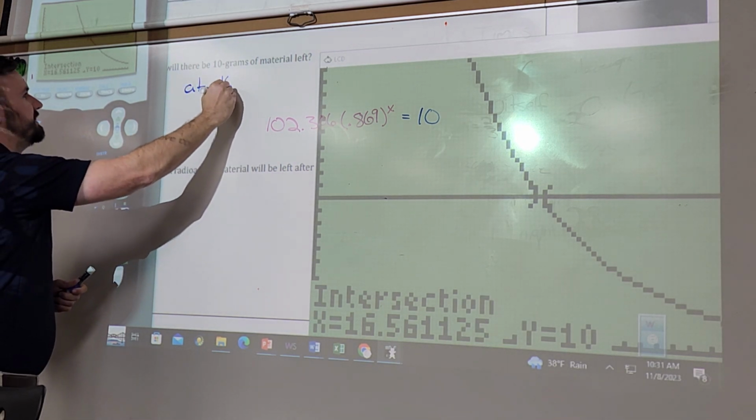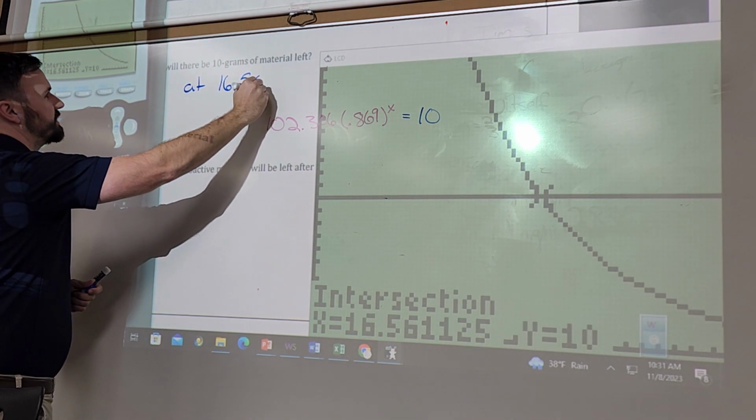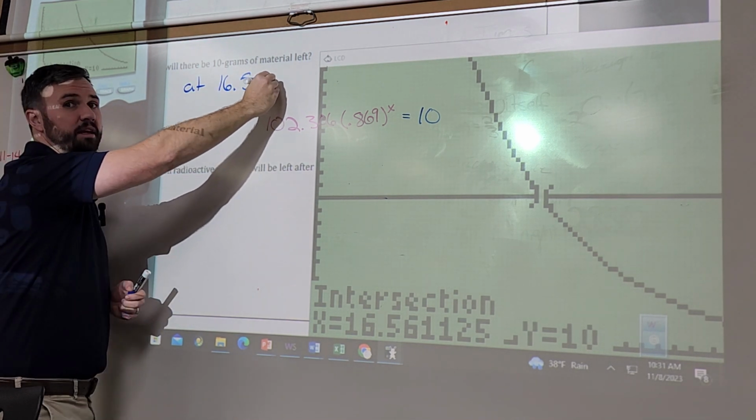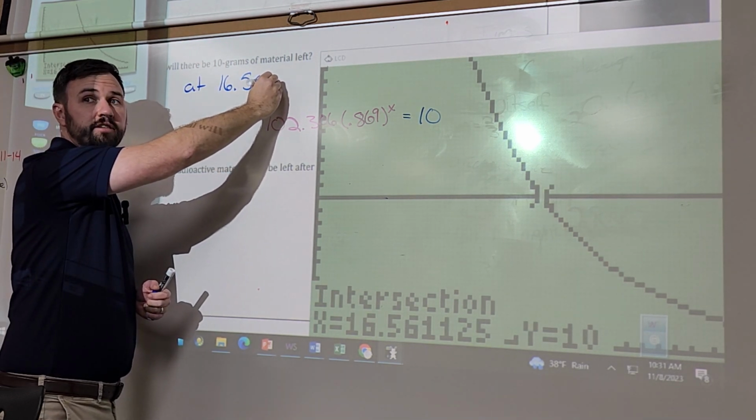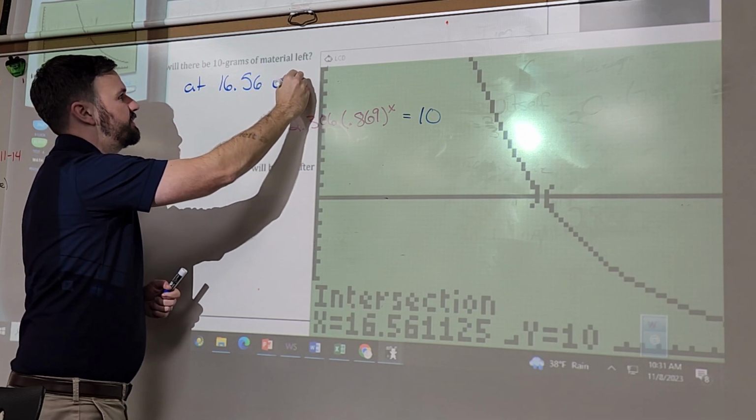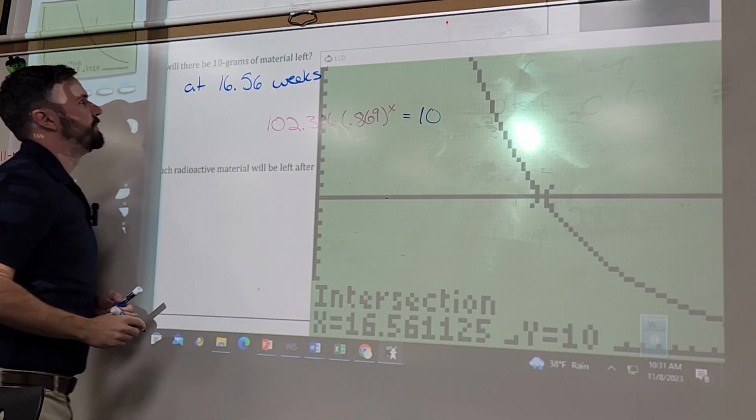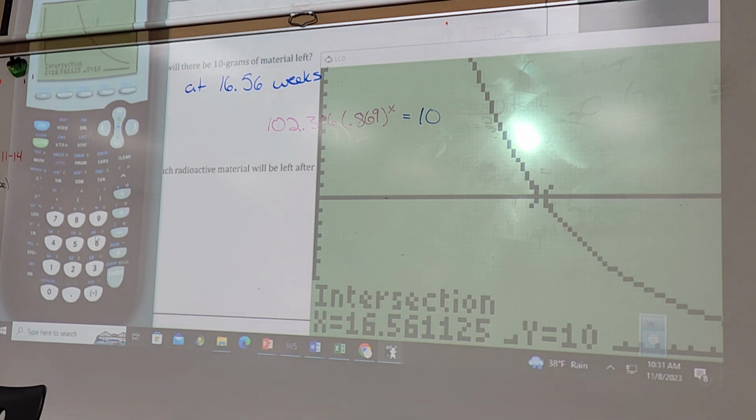At 16.56. What am I entering in? What's my T? Days, weeks, months, years? Weeks. So remember, AP tests are going to say there will be 10 grams left around 16.56 weeks, right? Yeah, something like that. You need those words, right? Not in order. You just need those words.